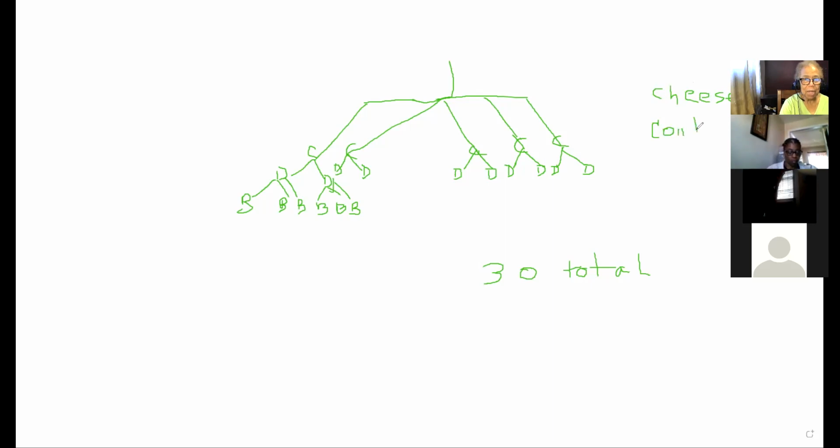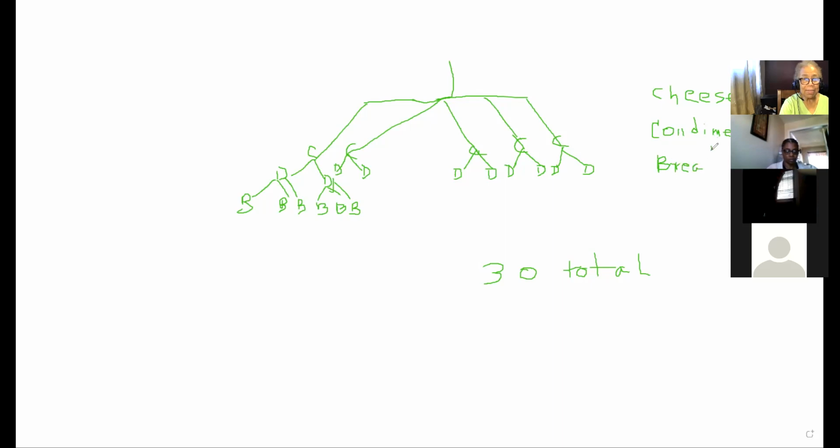And then what did we do next? What was the next type? The bread. And then we put the bread. So you can visualize it as a tree structure, but that way takes longer.